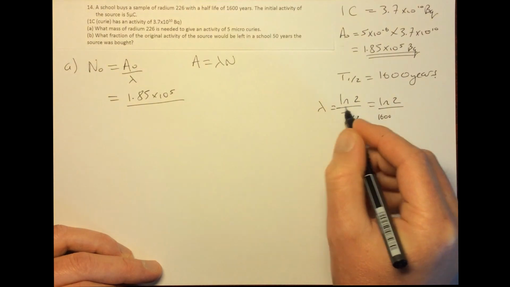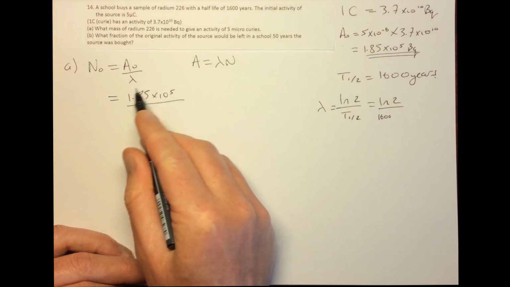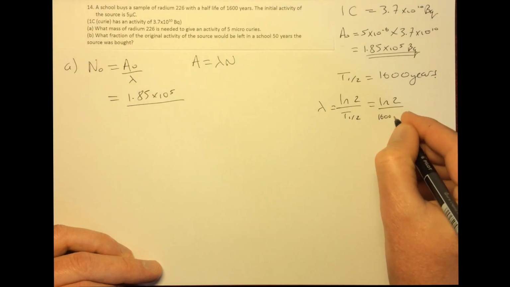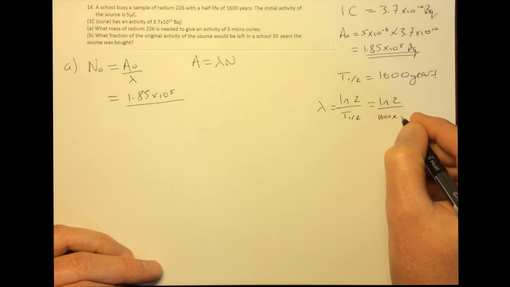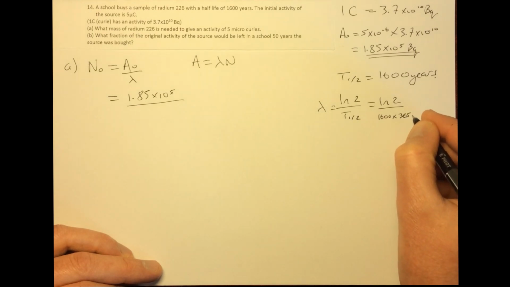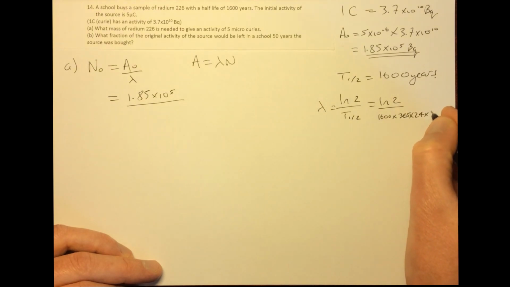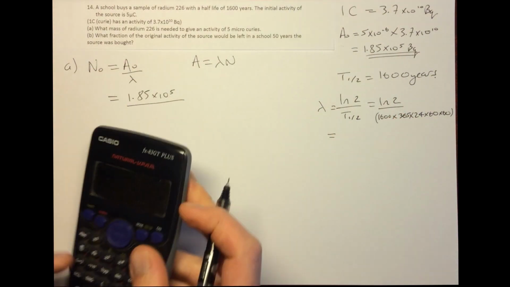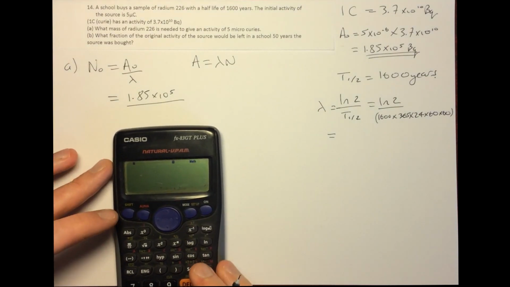the half-life. Now the thing is here, because this is in becquerels, we need to get this in per second. So if this is the number of years here for the half-life, we need to convert the half-life into seconds. So to do that, we multiply by 365 times 24 times 60 times 60. Okay, and then we can work out our decay constant.